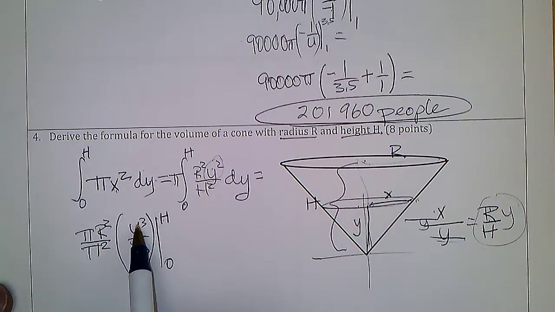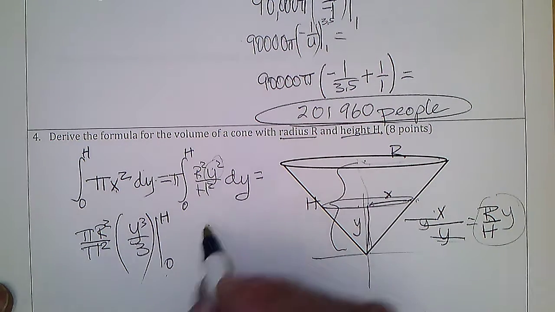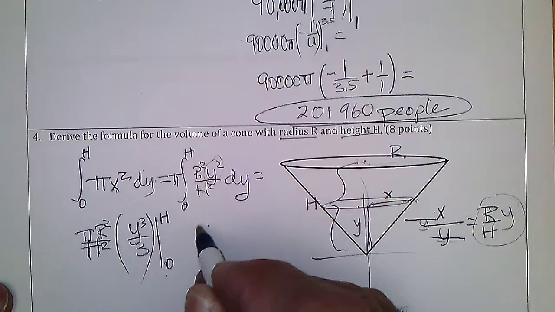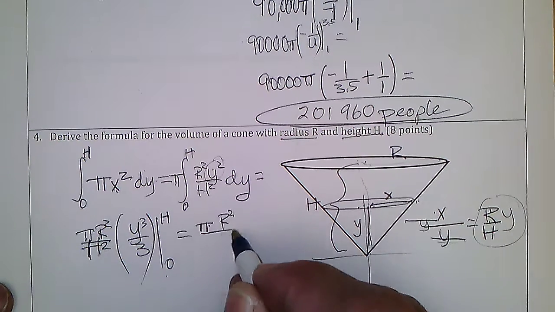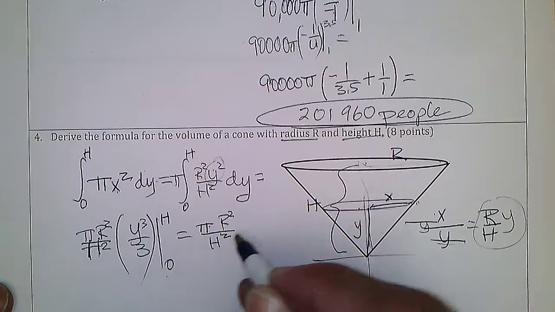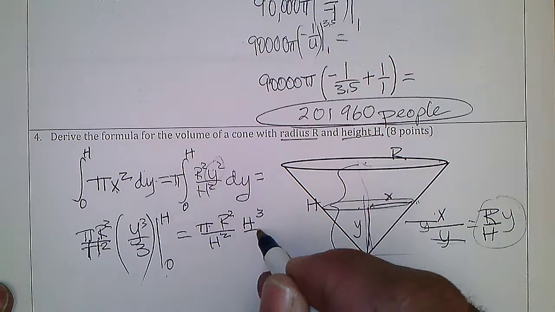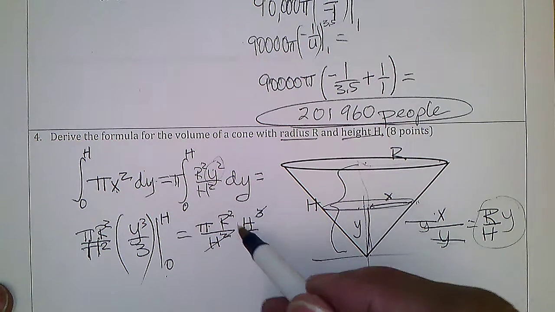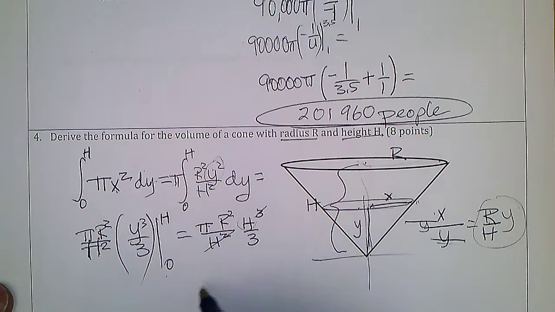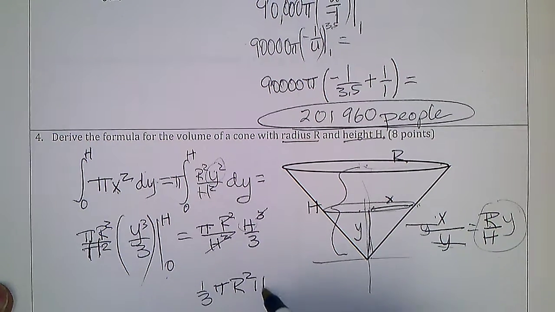You put in an h, put in 0, you get nothing, so you're going to get pi r squared over h squared times h to the third over 3. Two of these will cancel two of those and leave one h and a third. So we get 1/3 pi r squared h.